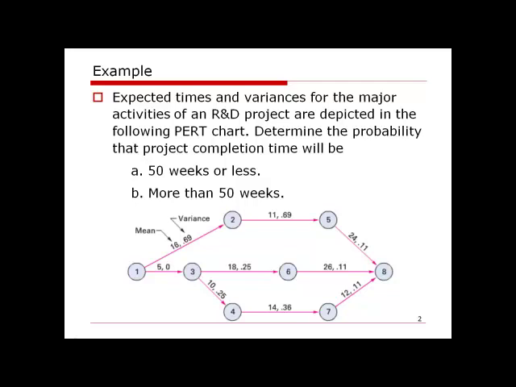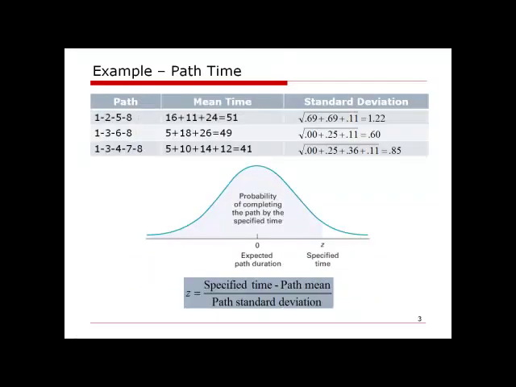We have different paths, the three paths listed here. For each path, we can calculate the mean time. It's straightforward, just the addition of all the given times. For example, path 1, 2, 5, 8 includes three activities: 1, 2, 2, 5, and 5, 8.